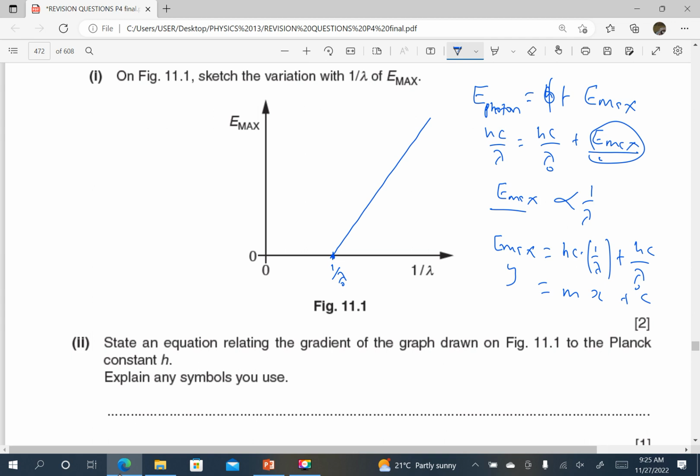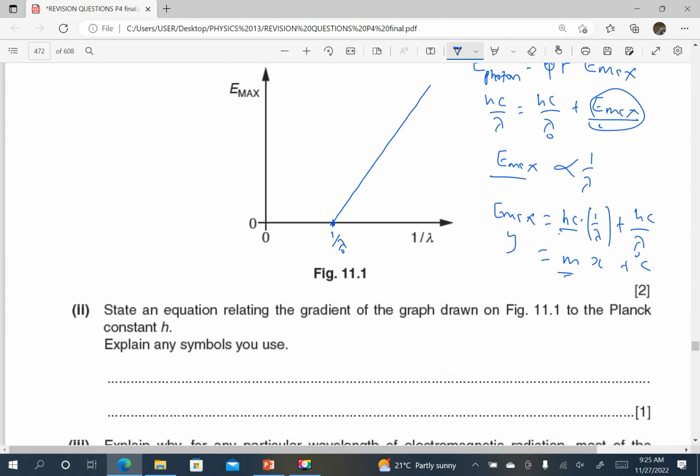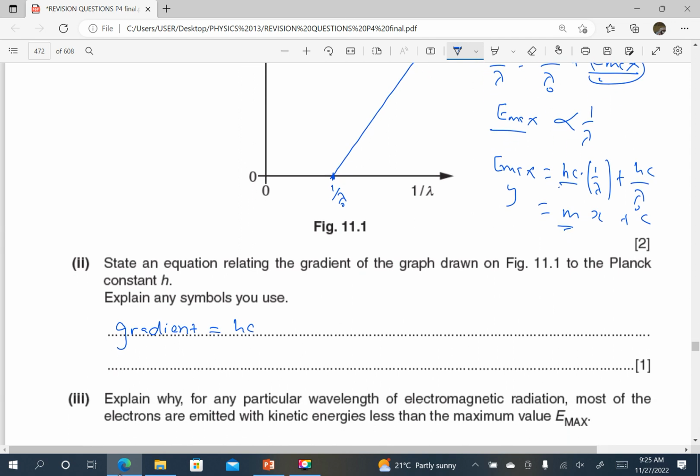So you see that the gradient m is equal to hc. So we just simply say the gradient is equal to hc, where c is the speed of light, and h is the Planck constant.